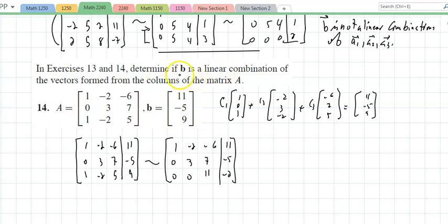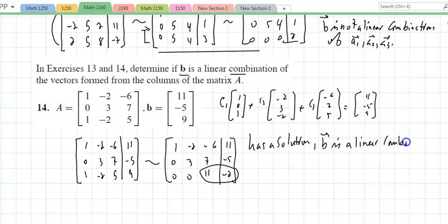They're saying determine if B is a linear combination. We have a solution. This has a solution. And since we have a solution, what do we conclude? B is a linear combination of matrix A.